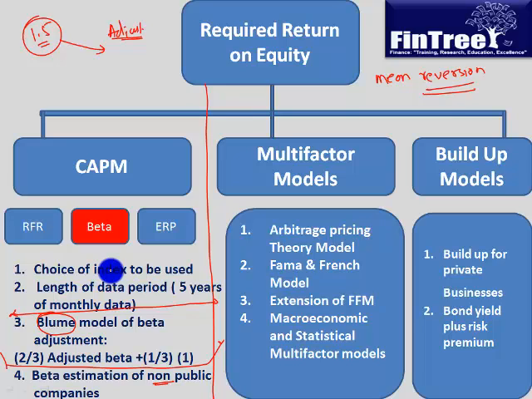One, 5-year monthly data, or 2-year weekly data. So that means you will get 10 separate beta values. And then you would realize how distinct those beta values could be based on what methodology you use to calculate. Okay, so how do you calculate beta?